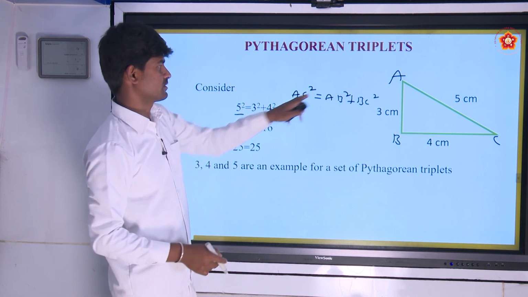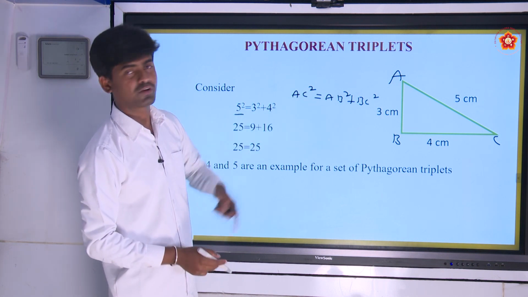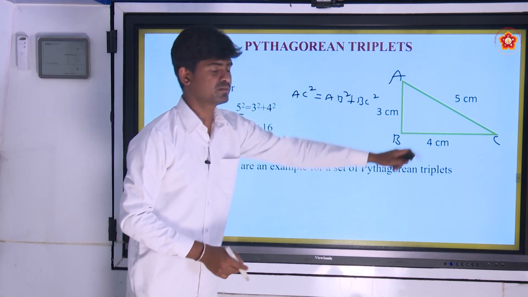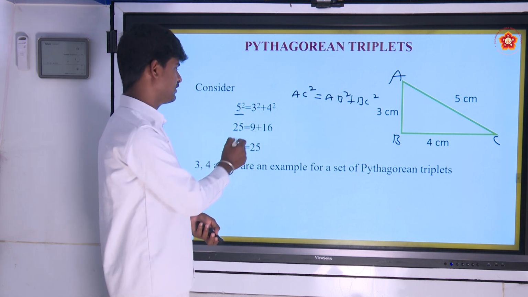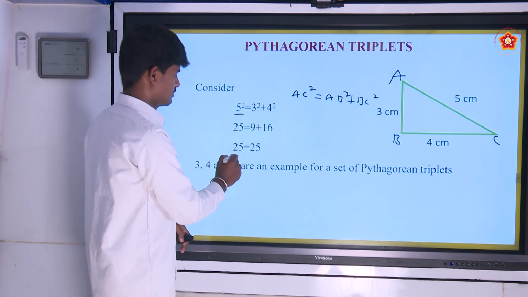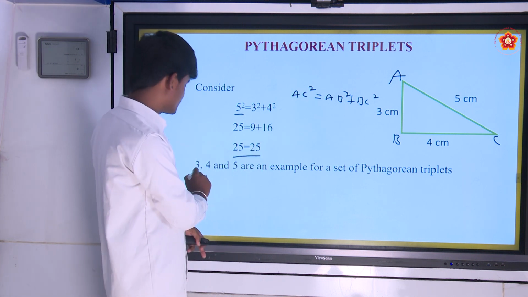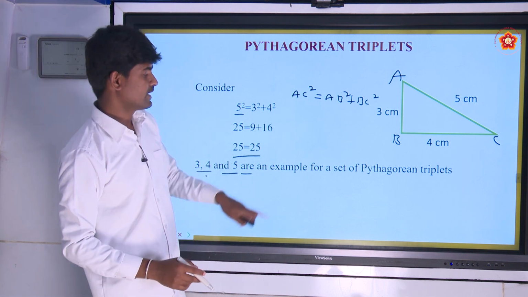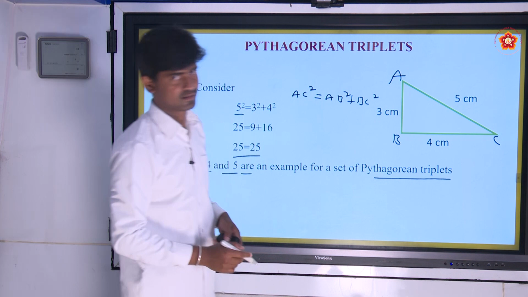AC means 5 square, AB means 3 square and BC means 4 square. So 5 square means 25, and 3 square is 9 plus 4 square is 16, which is 25. So we can say that 3, 4, 5 is an example of a Pythagorean triplet.